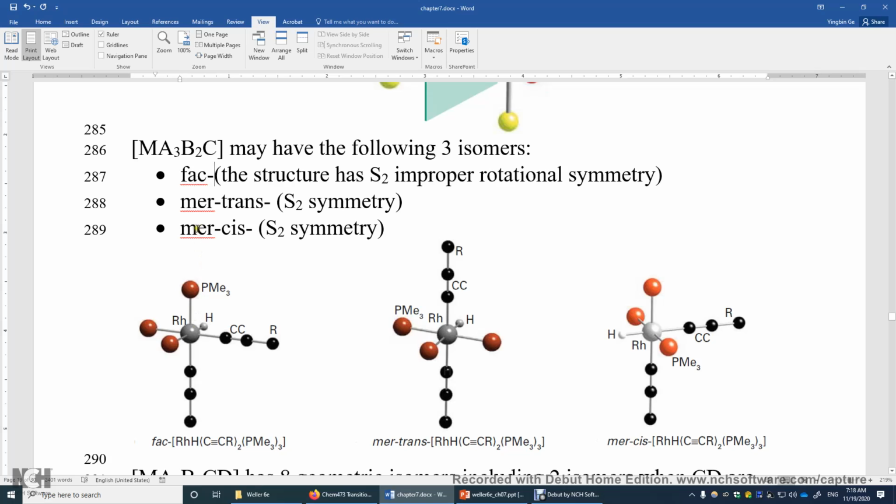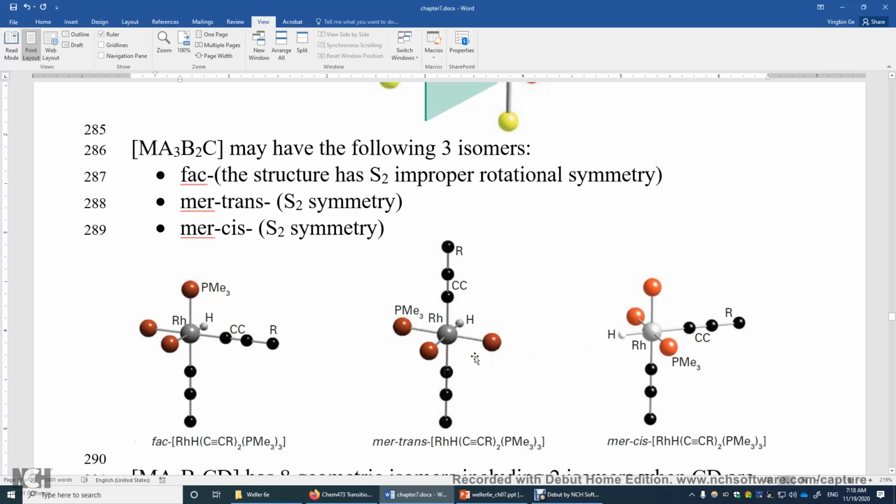Now, the three A's can be in meridional positions, A, A, A, 90, 90, and then don't forget this, 180 degrees here. And then in this case, the two B's may be trans or cis.